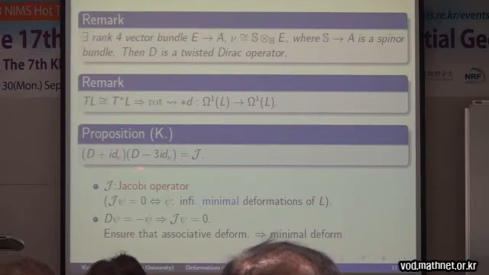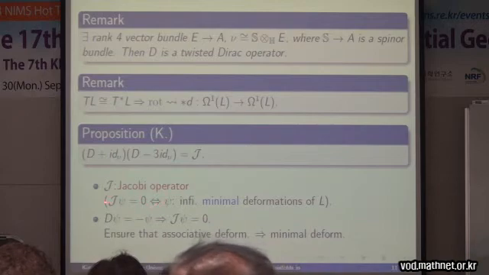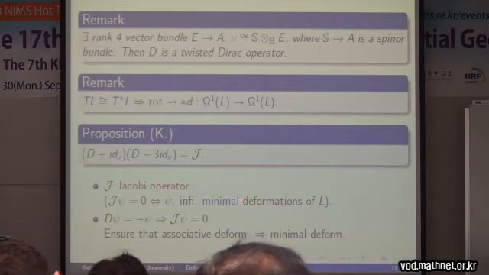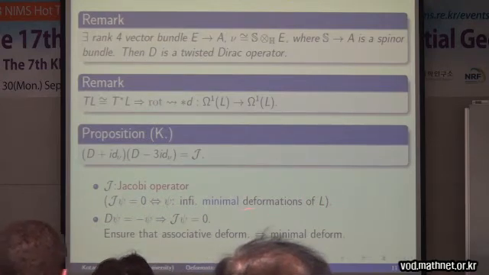(D + id_ν)(D − 3 id_ν) is equal to J, where J is a Jacobi operator. The Jacobi operator is identified in this way. Namely, Jψ = 0 if and only if ψ gives an infinitesimal minimal deformation of L, a deformation as a minimal submanifold.